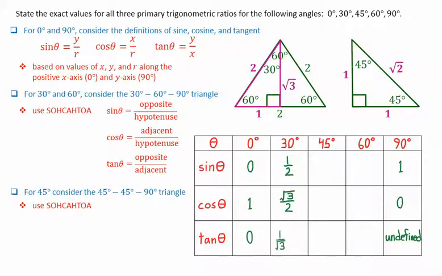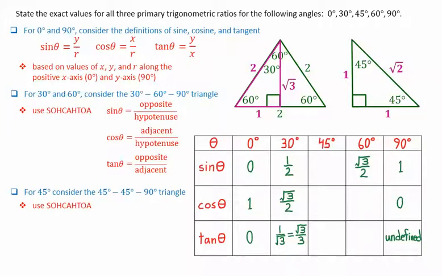For tangent, again looking at 30 degrees, the opposite side is 1, the adjacent side is root 3, giving 1 over root 3, or simplifying this to root 3 over 3 by rationalizing the denominator.